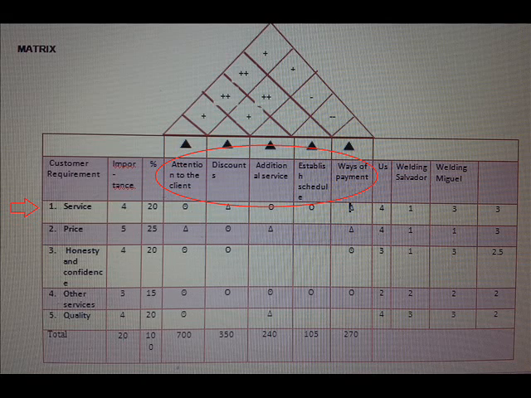And finally, quality with discounts, which represents a blank space. So we do the same thing with other services, established schedule, and ways of payment. So once we do that, we have to get the total of each one.